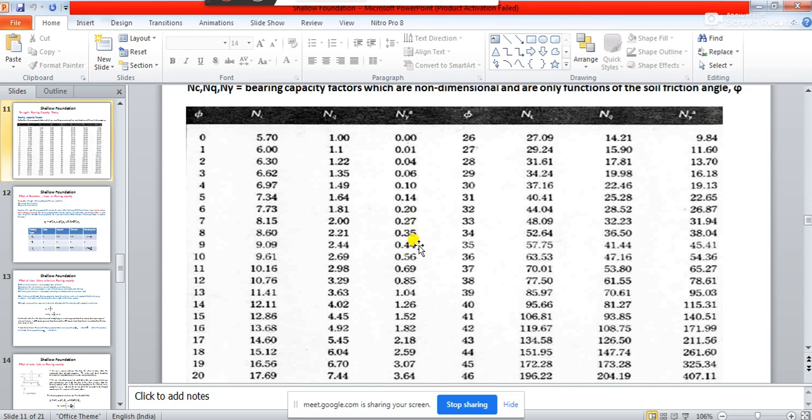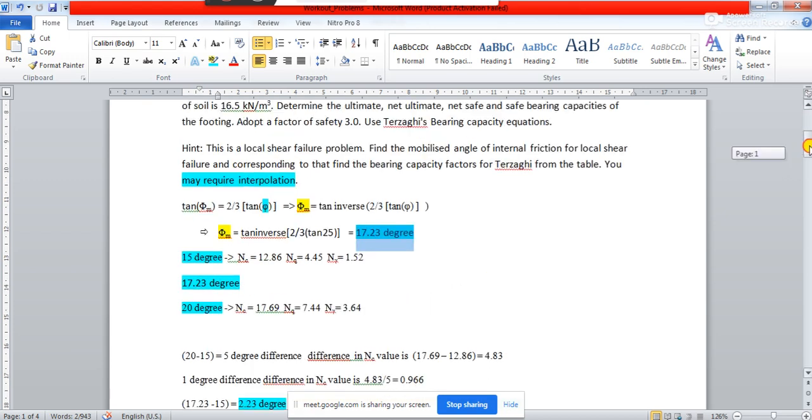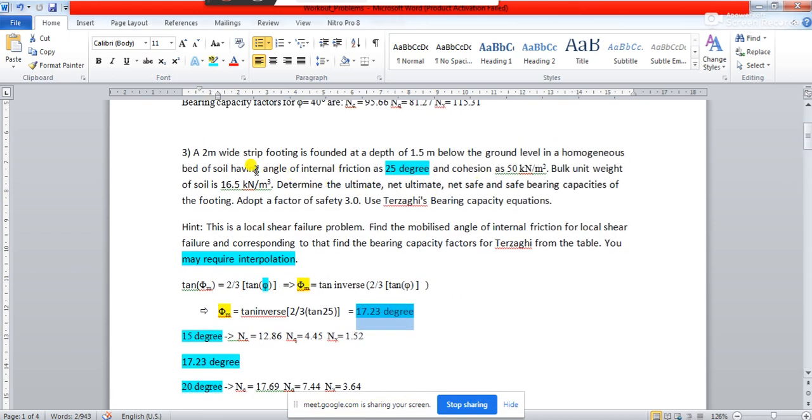Let's say I change this problem. Here I have written use Terzaghi's bearing capacity equations. Instead of this I write use the Indian Standard Code IS 6403 method for bearing capacity equation.